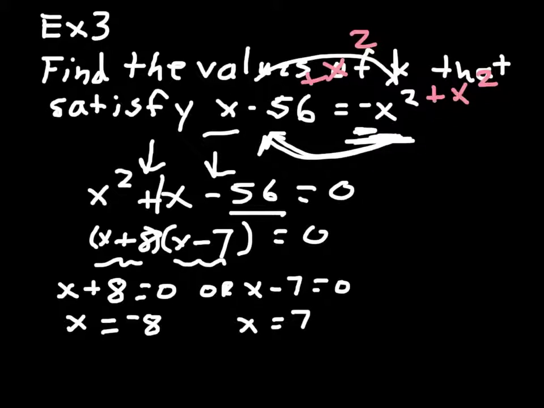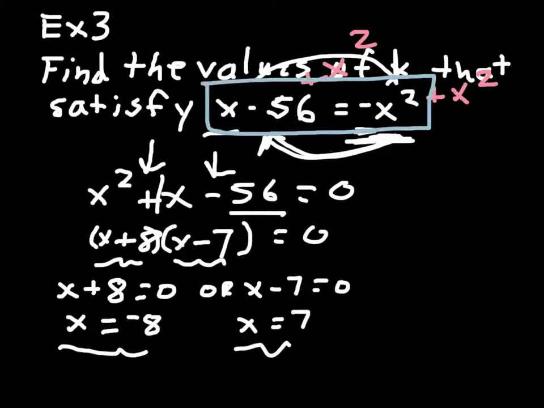Now, you do want to get in the habit of checking these, and I know I haven't checked these as we've gone along just for time's sake, but let's check one or both of these values. Alright, so what I'm going to do here is I'm going to go back to this original equation up here and see if this checks out. So let's put in, say, 7.